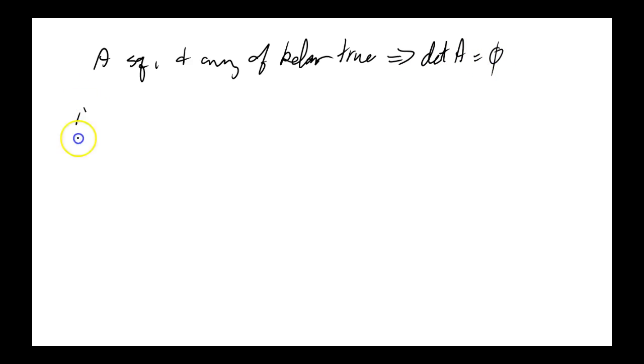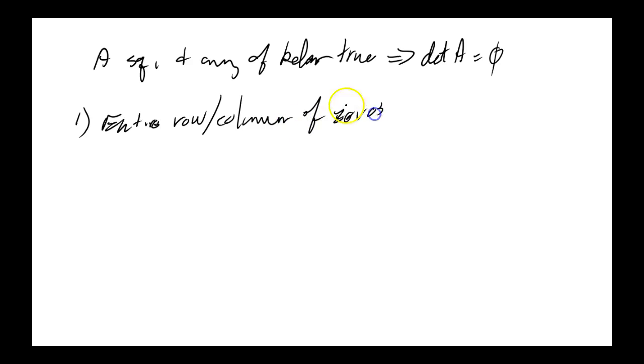A whole row of zeros. Yes, an entire row or column of zeros. Two columns are the same. Okay?